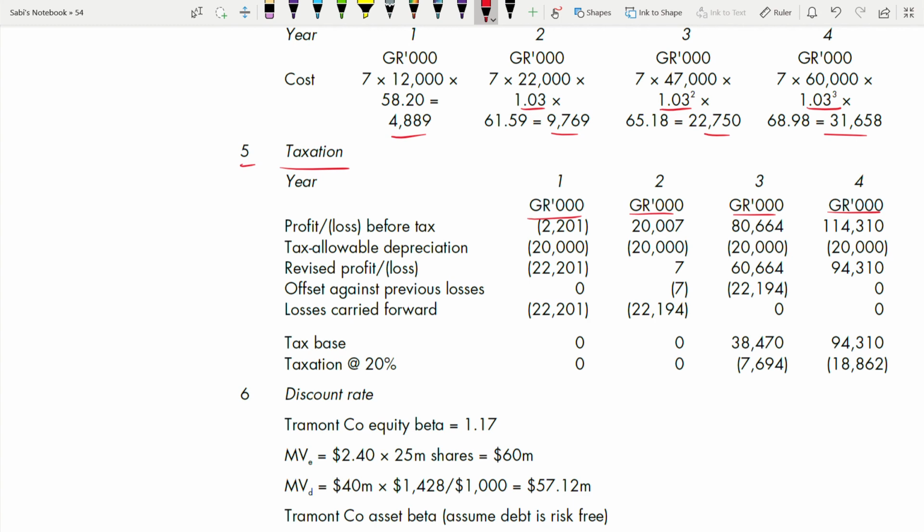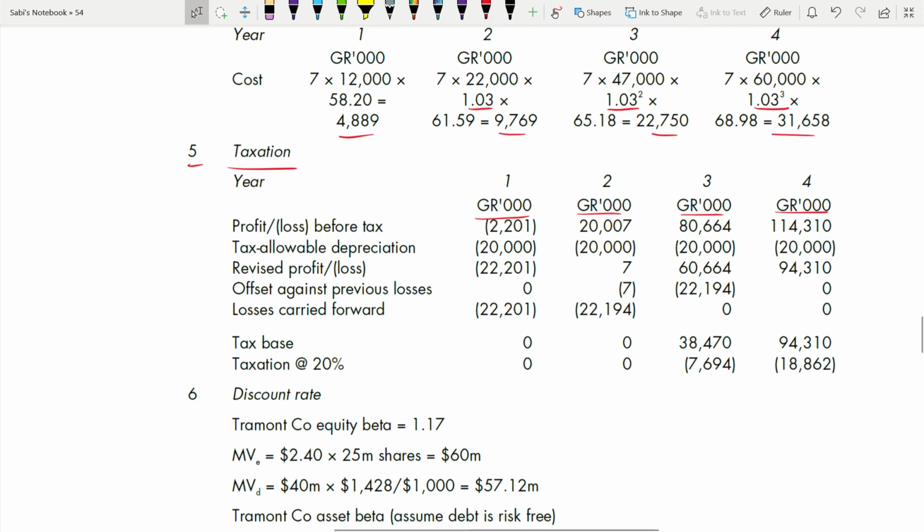Okay, now coming to the revised profit or loss. This tax allowable depreciation you have to deduct from your profit, because that is the purpose of tax allowable depreciation, to reduce your tax. To reduce your tax means from profit before tax, this has to be deducted. When you deduct, your revised profit is negative for the first year, 7 for the second year, and then profit for the third and fourth year.